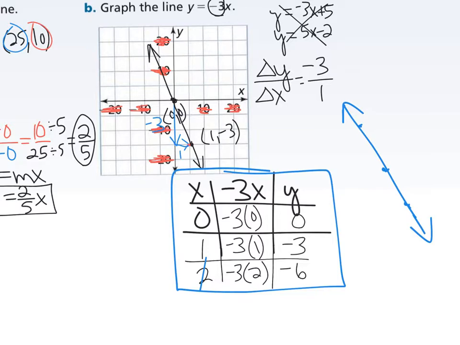If I have 1 point and I use that point to find another point, and either of those is wrong, I'm not necessarily going to know it. I'm not going to have a double check of seeing if they're lining up with each other. Okay, so you can do this problem either way. Understand, maybe for the long term, doing a table is probably not a bad choice, just because we have a way of double checking if our points actually line up or not.